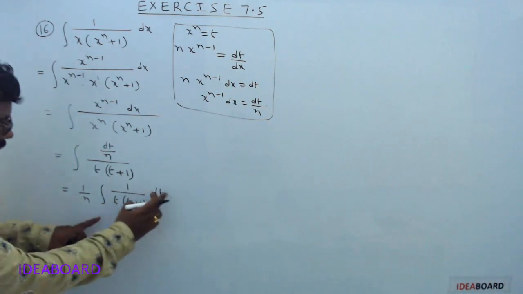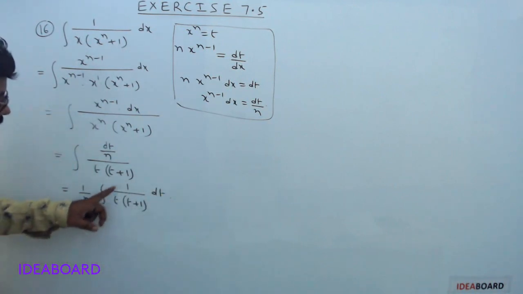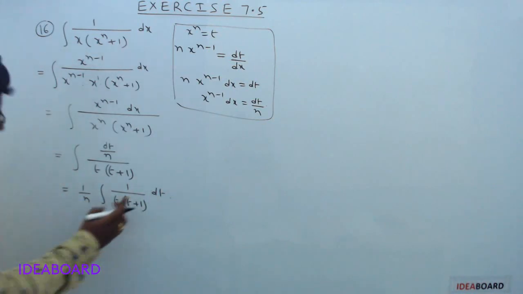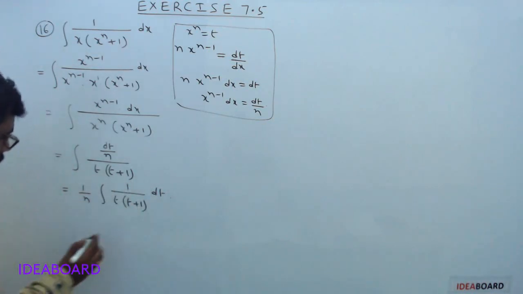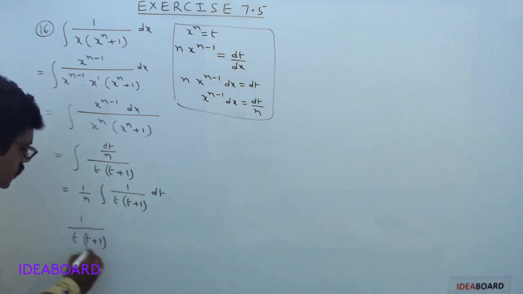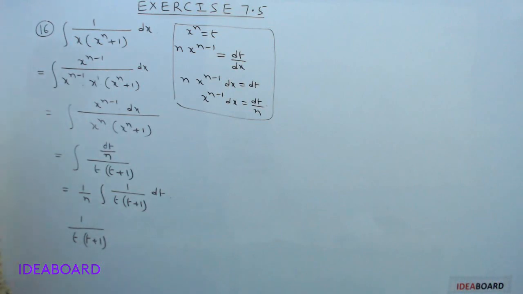Now here you can observe this term, the integral of 1 divided by t into (t + 1) dt. Take this integrand separately: 1 divided by t into (t + 1). In previous problems, instead of t, the variable x was there.